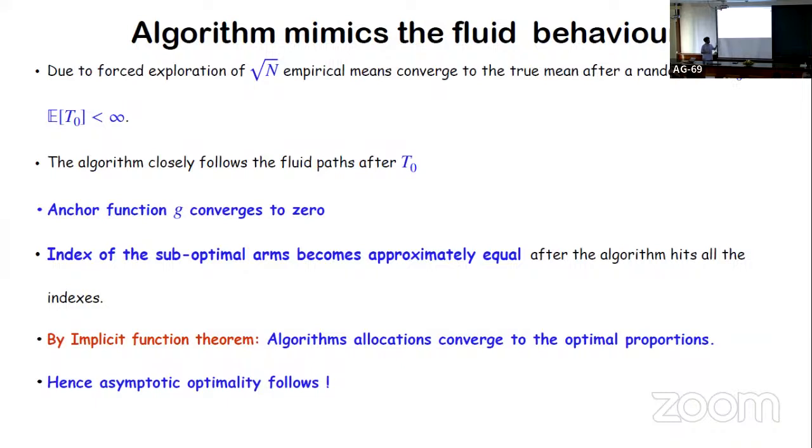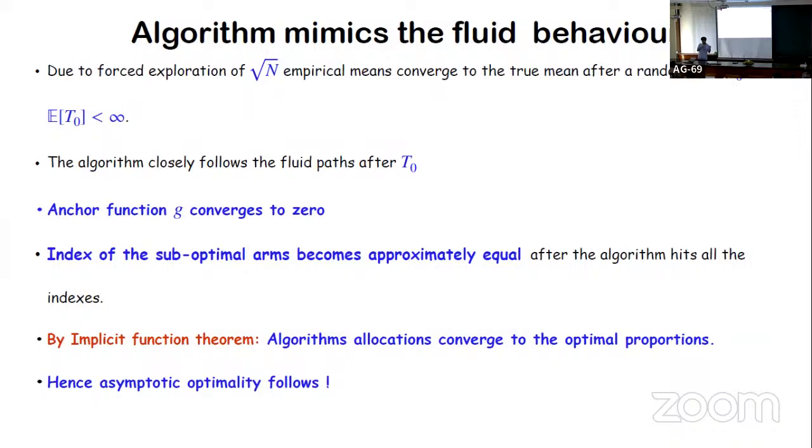If it is root n, then it's n raised to minus 3/8 after a random time of finite expectation. After this random time, all these empirical means become very close to the true mean. In fact, they're converging.